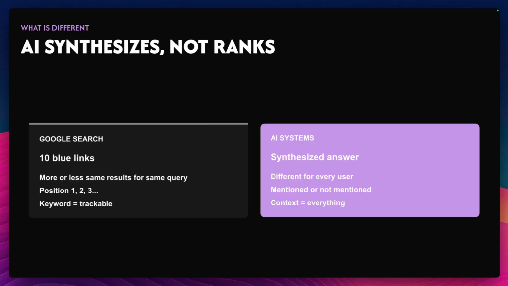But with Google you have the blue links and more or less the same results for every query. There is some personalization happening, but not in the same way as with AI. So the positions keep changing, but you get the view if you just use the unpersonalized keyword. So it's more or less trackable.